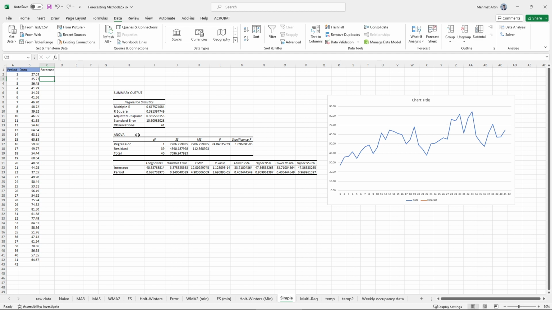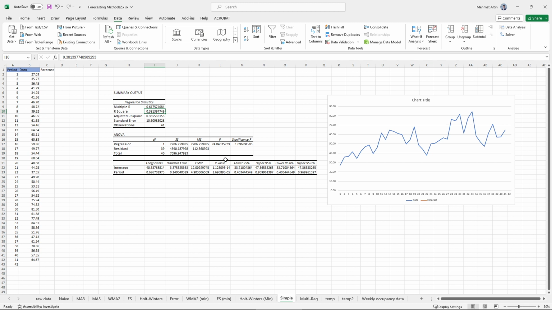Actually, let me explain the output first. First is the R square, which is 38%. What we are saying here is that this regression analysis can explain 38% of the variation in our data. Considering the randomness of the data, this is actually a very good result.